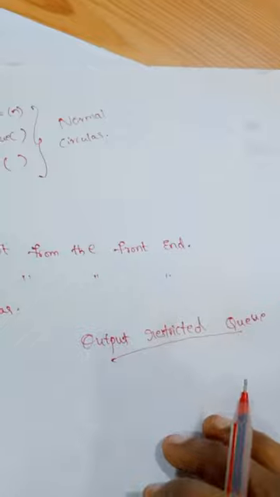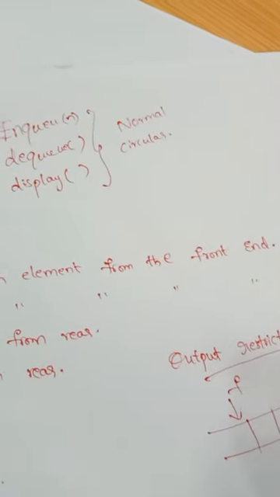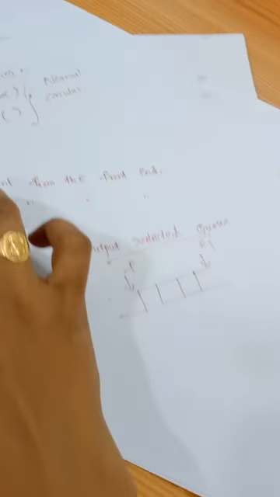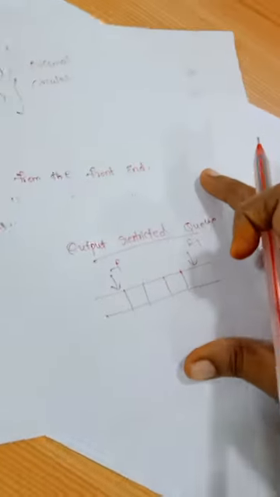For example, suppose this is our queue. This is the front end and this is the rear end. We have insertion and deletion from this end and insertion and deletion from this end also.